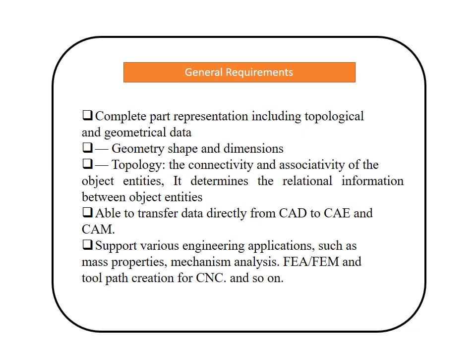This part representation majorly includes topological and geometrical data. Geometrical data is nothing but the shape and dimensions of the object. If you have a three-dimensional object and you cut it down into the least dimension of size and shape, it is nothing but geometry. Topology is nothing but the connectivity and associativity of the object entities.